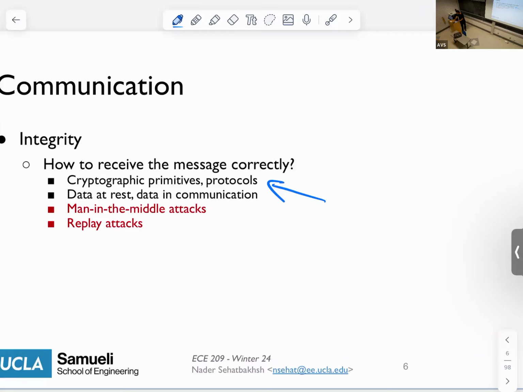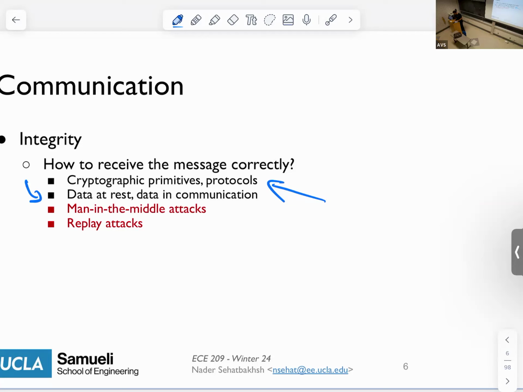And then here we have two main things that we need to protect. We usually call it data at rest, which means that when the data is stored, it needs to be protected in terms of confidentiality and integrity. But we also need to protect data in communication: when we are sending it, we need to make sure that, again, confidentiality and integrity are protected.